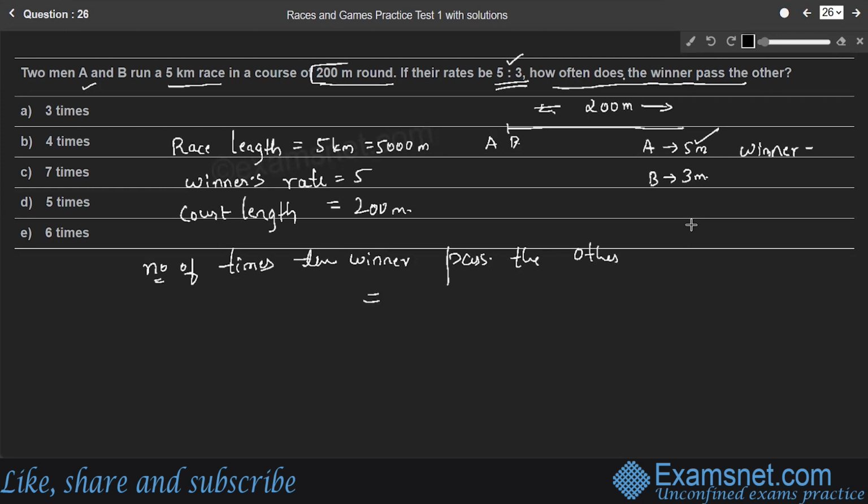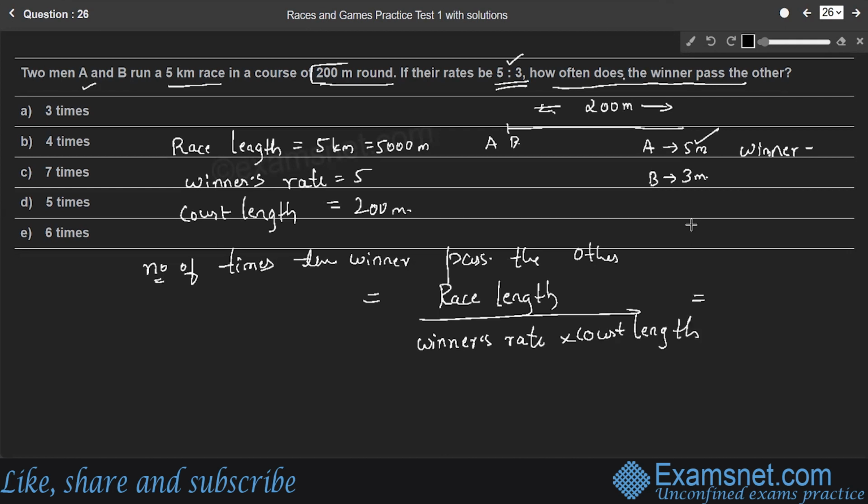is equal to, that means the number of times person A passes the second person B is equal to race length, there is a formula to solve this, race length divided by winner's rate into course length.